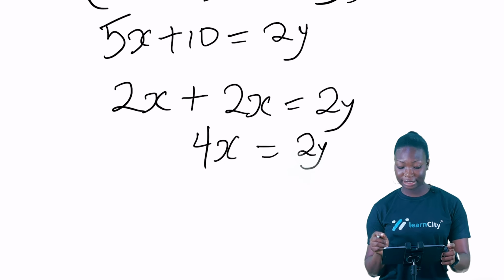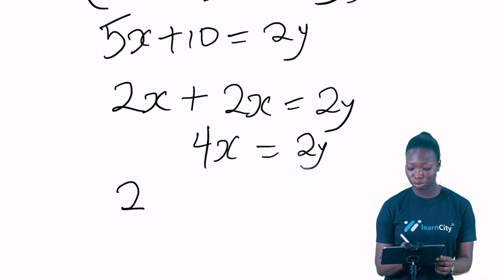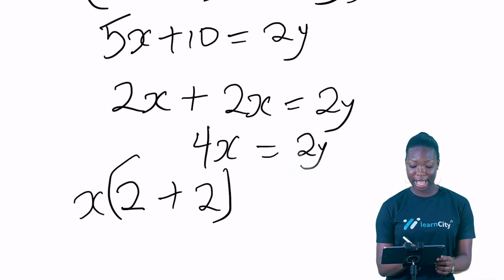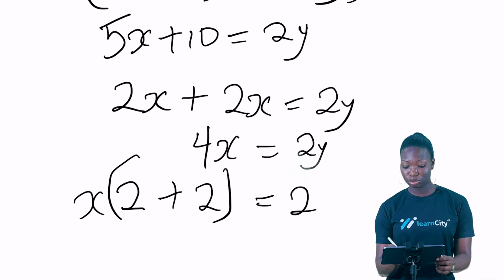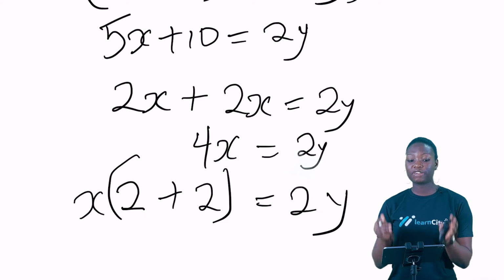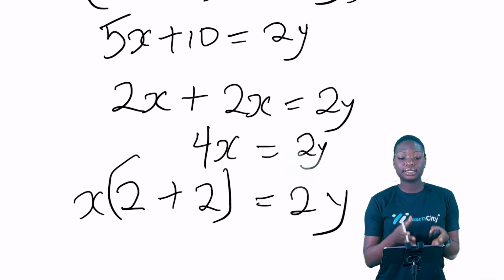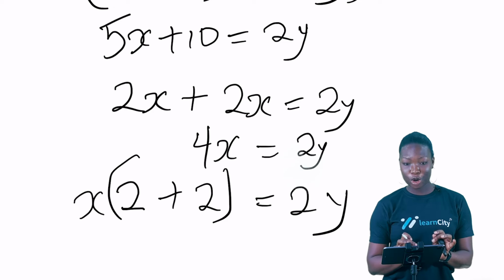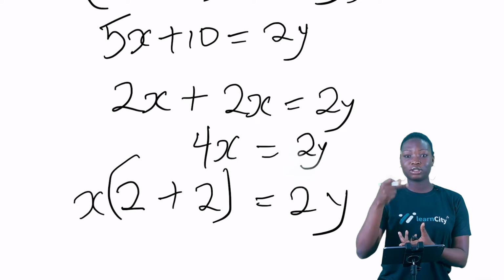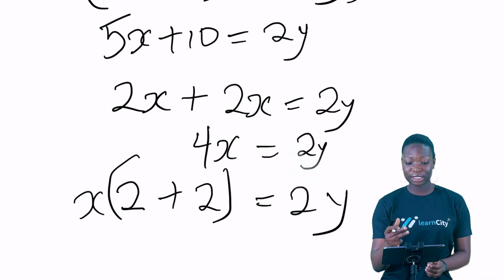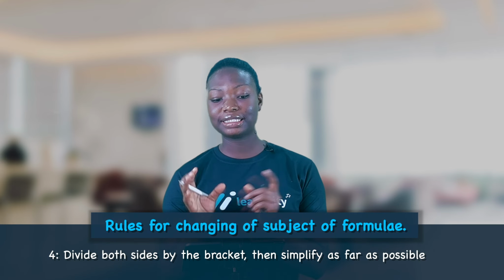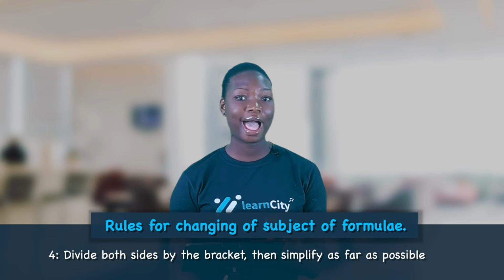Or we can write it as 2 plus 2, all in brackets, x, which is equal to 2y. So if more than one term contains the subject, you take it outside the bracket such that the letter that you are looking for will be separate, then the other numbers will be separate. And the last rule, we divide both sides by the brackets, then simplify as far as possible.